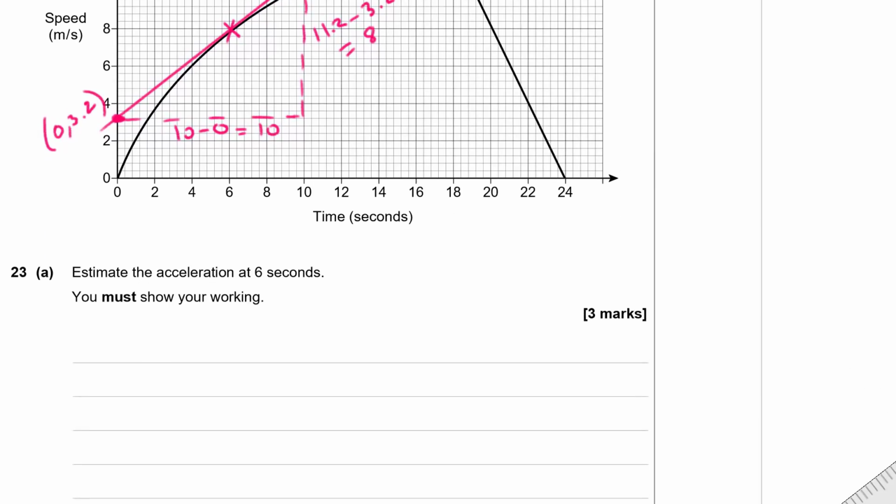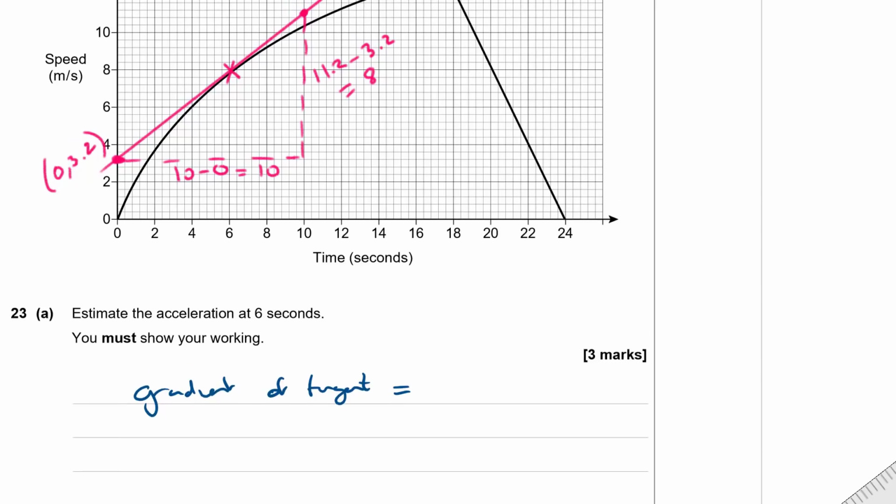So gradient of tangent at x equals 6. Gradient of tangent is equal to change in y, 11.2 minus 3.2 over 10 minus 0, which is 8 over 10, which is 0.8.